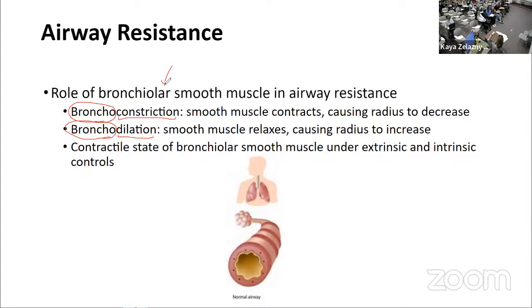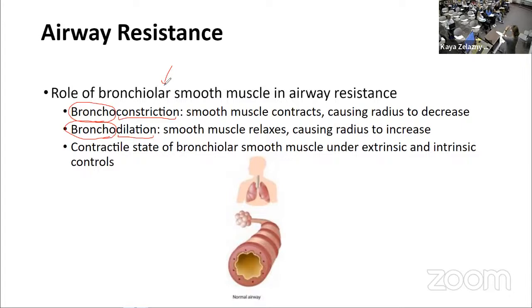So those airways going into the lungs, those bronchioles, have layers of smooth muscle. When that smooth muscle contracts, it makes that passageway narrower, meaning our radius has decreased. We have an inverse relationship between radius and resistance.